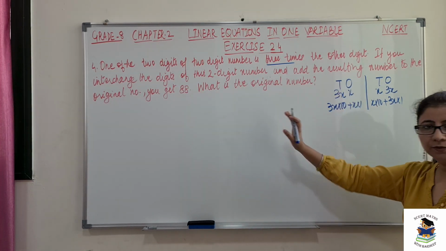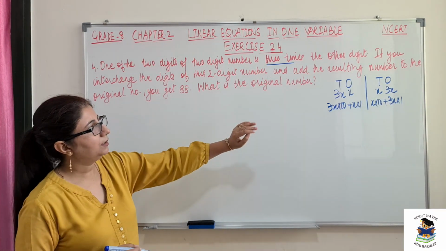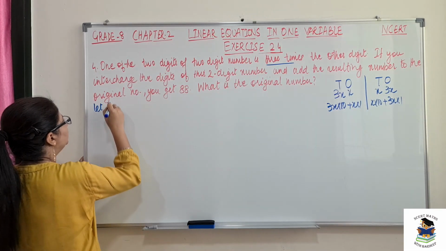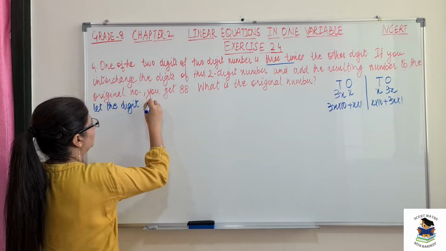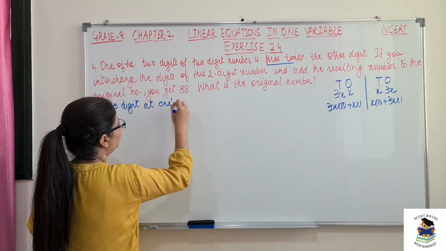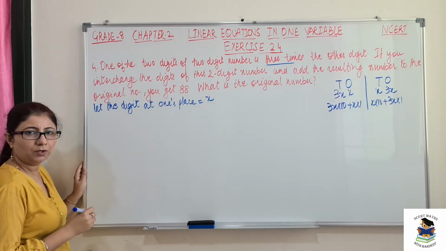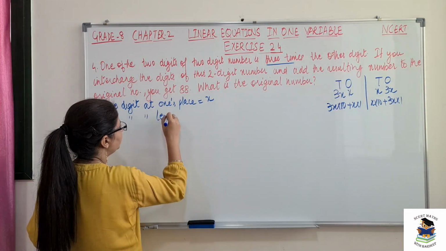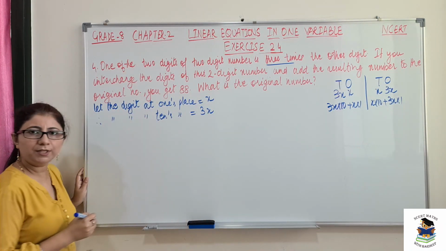So now let's write our question. So I have assumed x at 1's digit. So I will write, let the digit at 1's place be x. Okay. So therefore the digit at 10's place will be 3x.